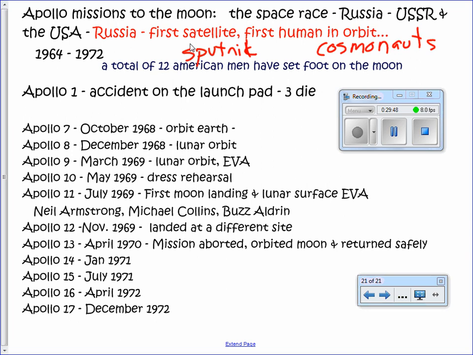Russia had the first satellite, Sputnik. Russia put the first human in orbit. The human astronauts were called cosmonauts. But then, when the United States put the first man on the moon, it kind of ended the space race and we won.